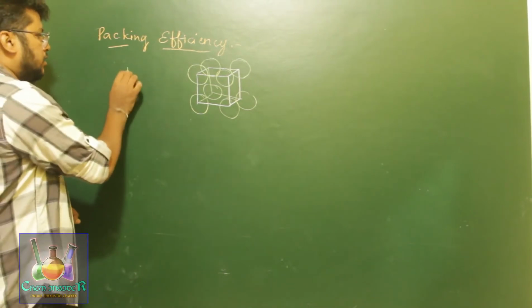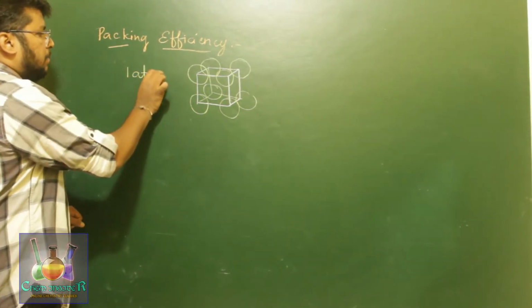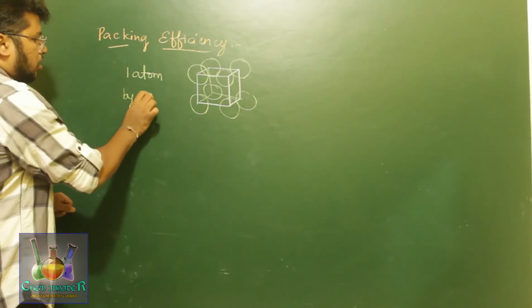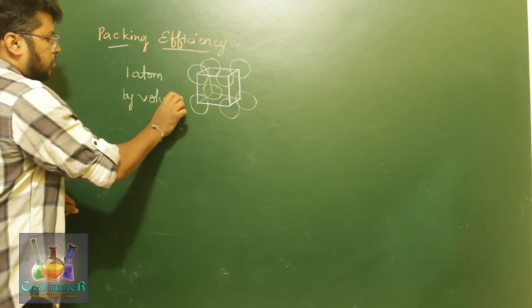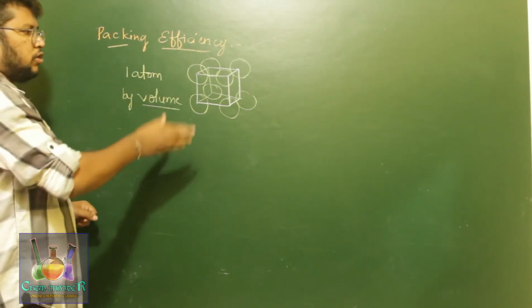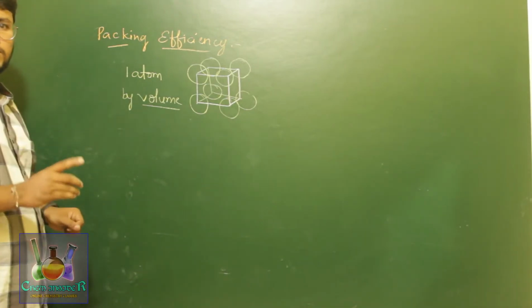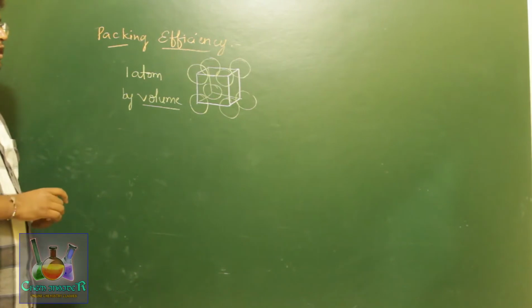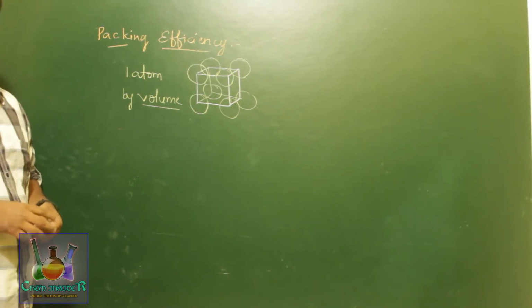So clearly, there is just one atom occupying a complete unit cell by volume. So for the complete volume of a unit cell, there is just one atom by volume occupying it. Therefore it is not completely occupied by atoms.